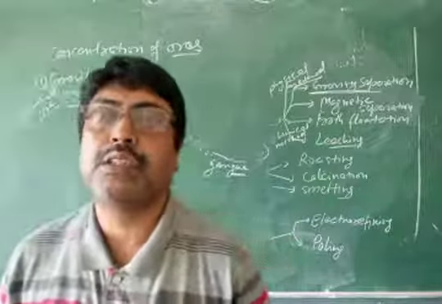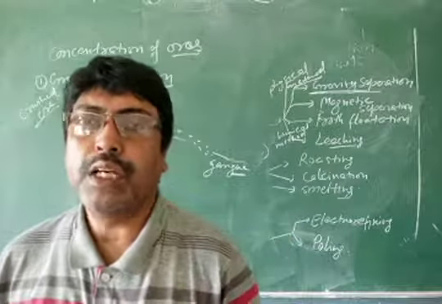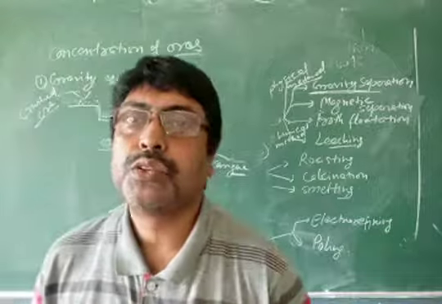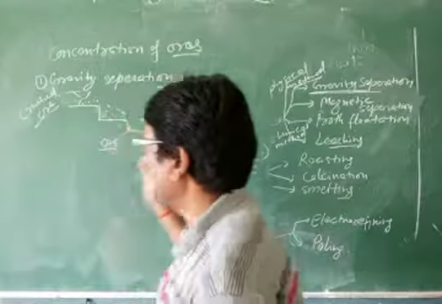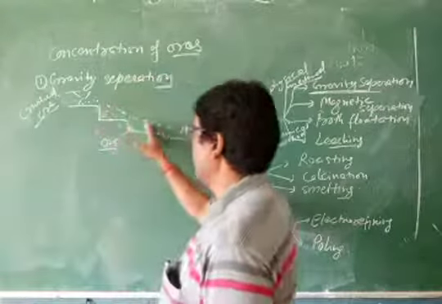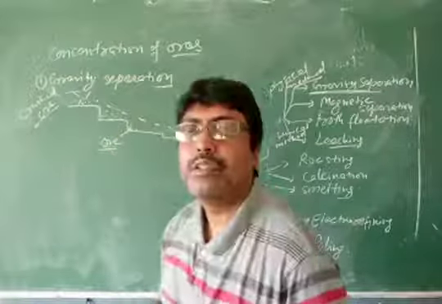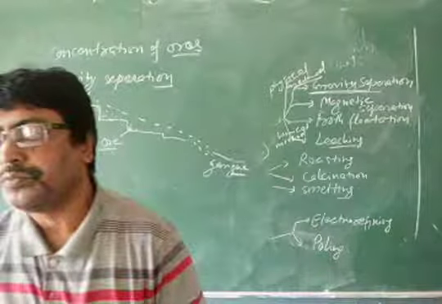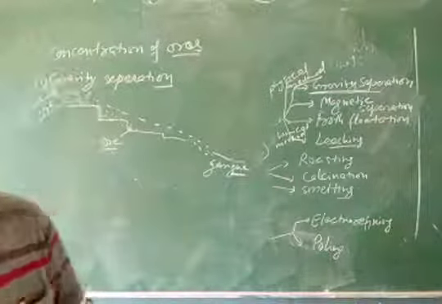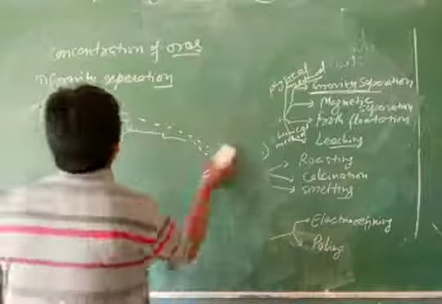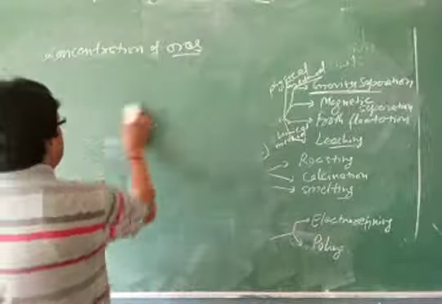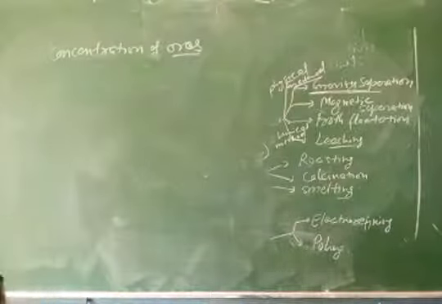Being high density, it is heavier than the gangue particles. So iron particles settle here, and gangue particles are thrown away by water.